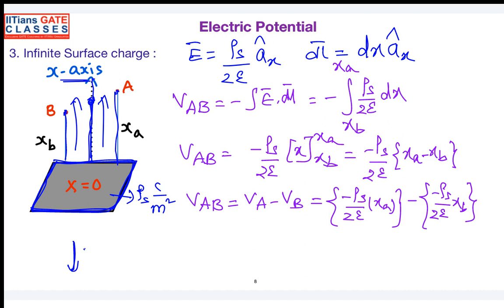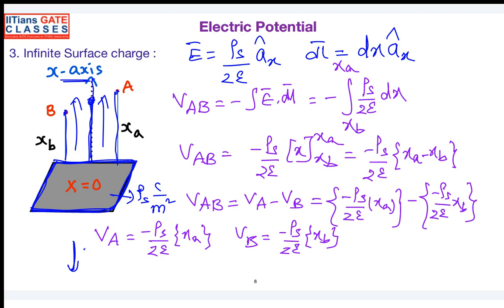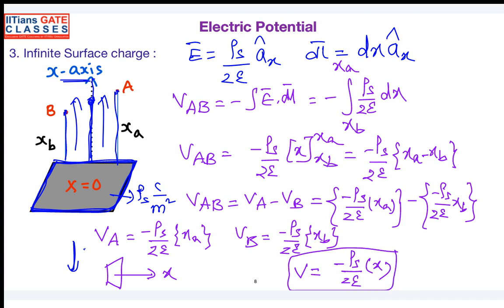So the potential at A is equal to minus rho s by 2 epsilon times xa, and the potential at B is equal to minus rho s by 2 epsilon times xb. Similarly, if we generalize it, when you have a surface charge at any distance x, the potential is straight away minus rho s by 2 epsilon times x. So this gives the equation for potential due to a surface charge.